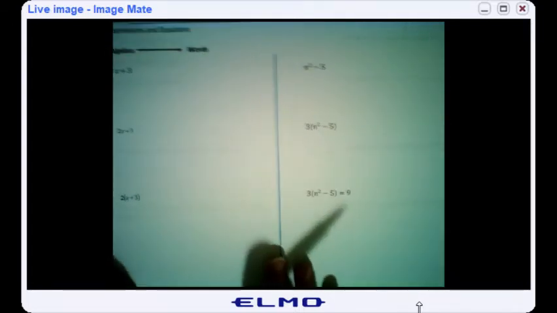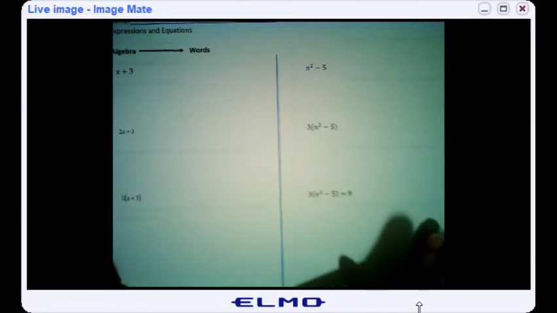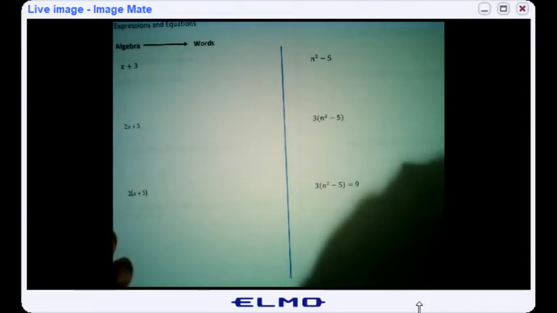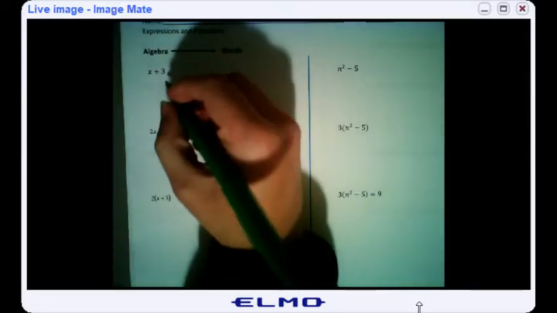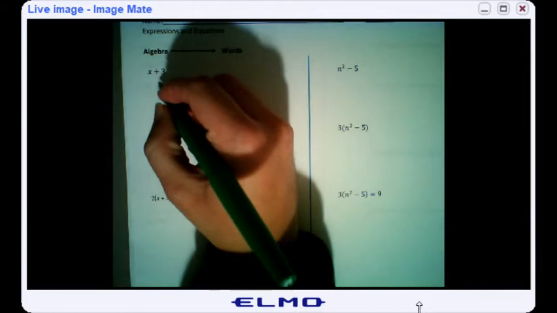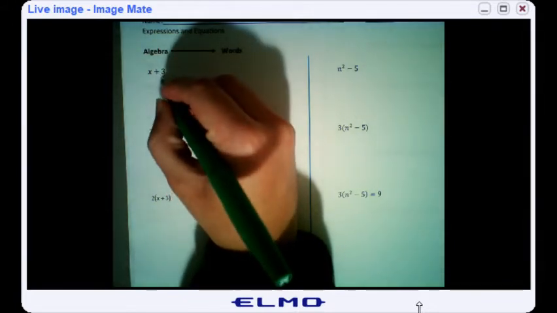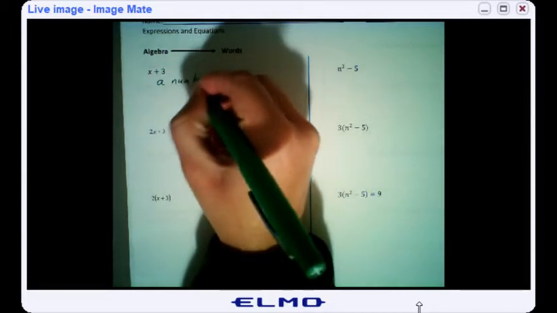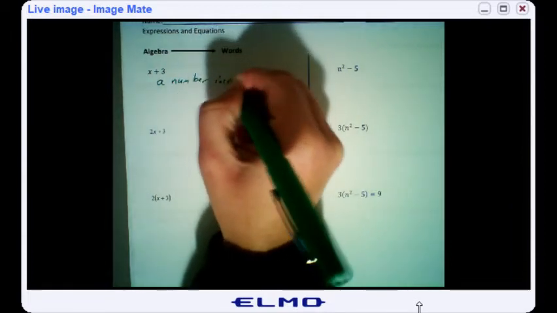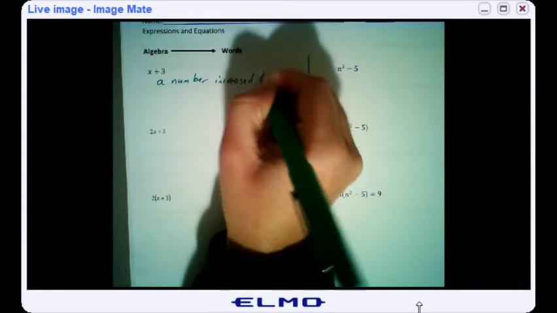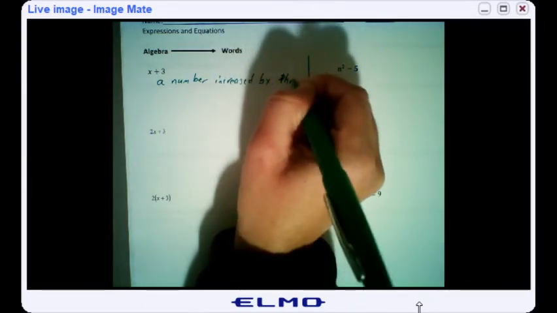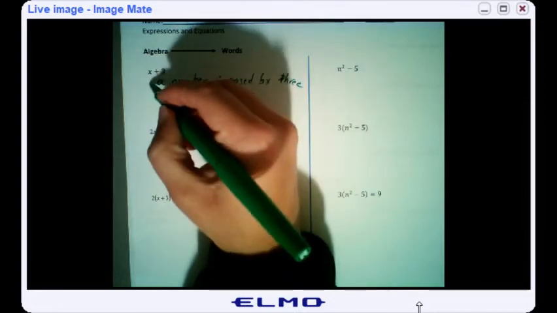So we're looking at some examples, and there's lots of different ways that you could decide to write the algebra into words. We could write here, a number increased by 3. So that would be one example.